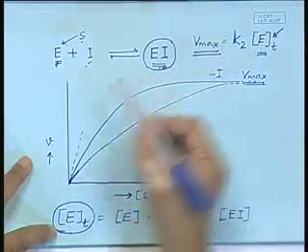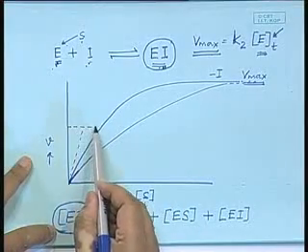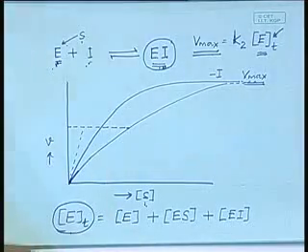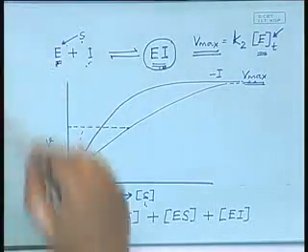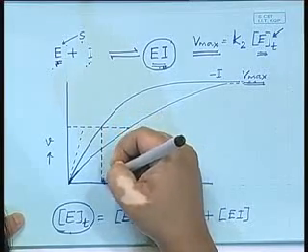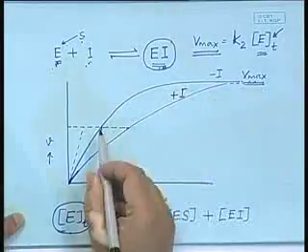What is going to happen to my Km? What is my Km? I go to half of Vmax now, which is approximately this point here. This is my Km value without the inhibitor.